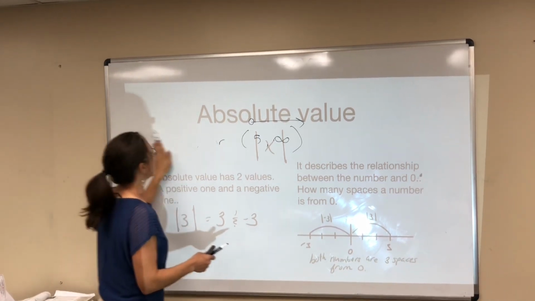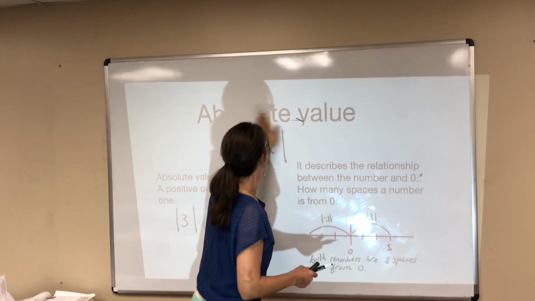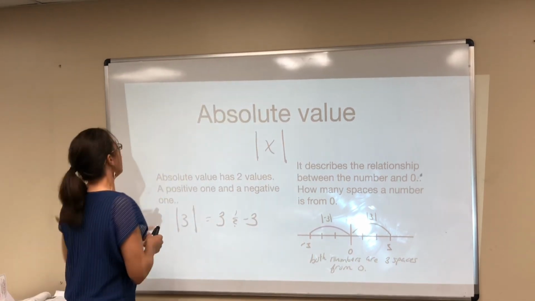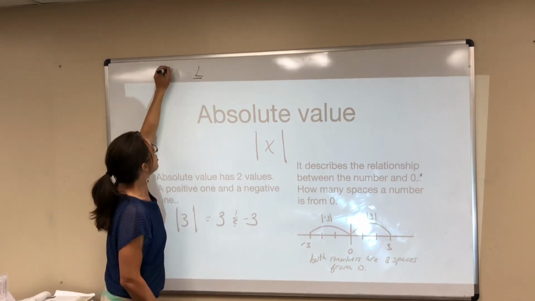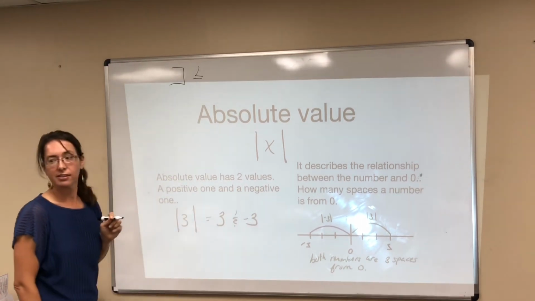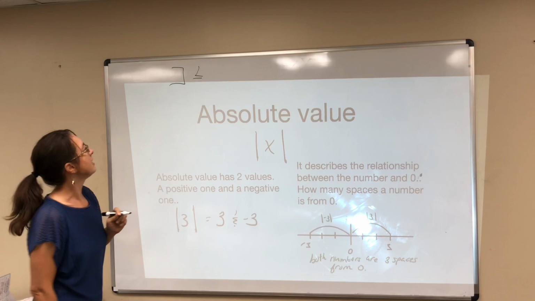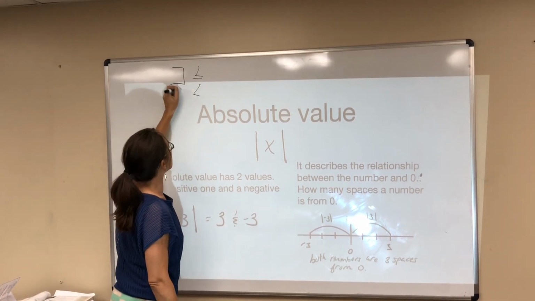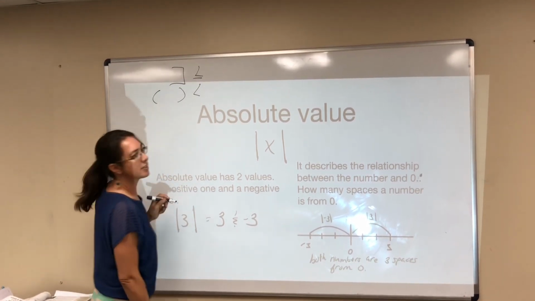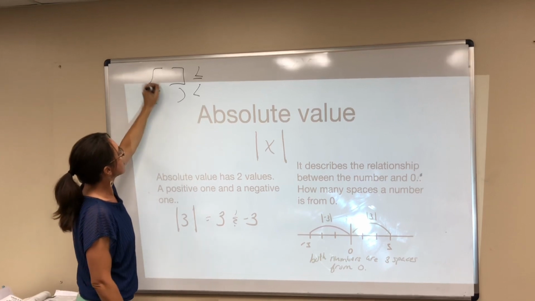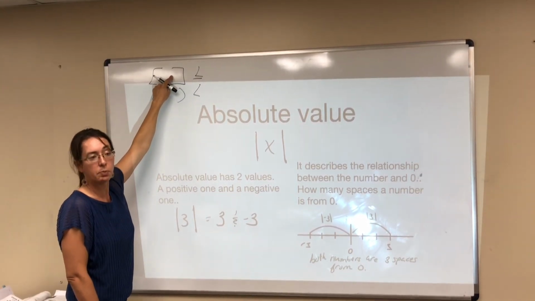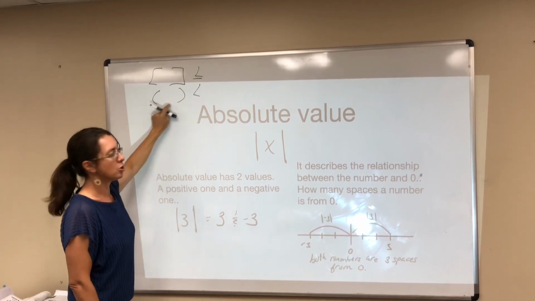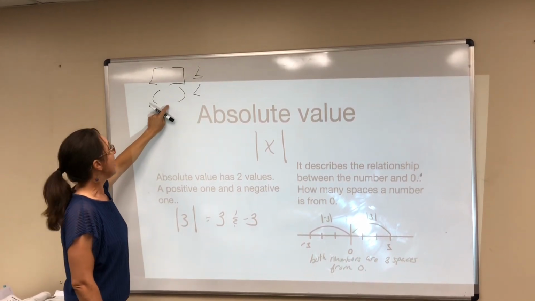A couple of things to note when you are writing set solutions. Okay, if it includes an equal sign, you use a bracket. If it is not included, you use a parentheses. So equal to is a bracket, not equal to is simply a parentheses.